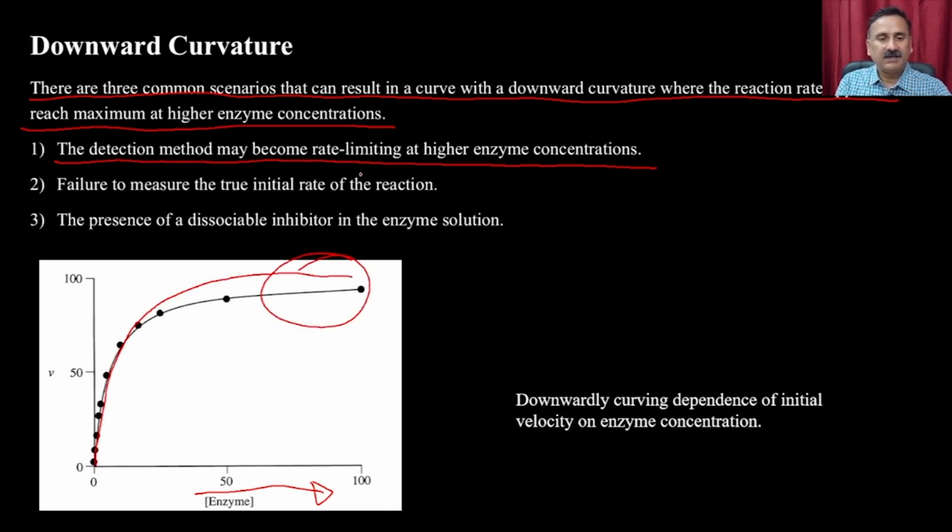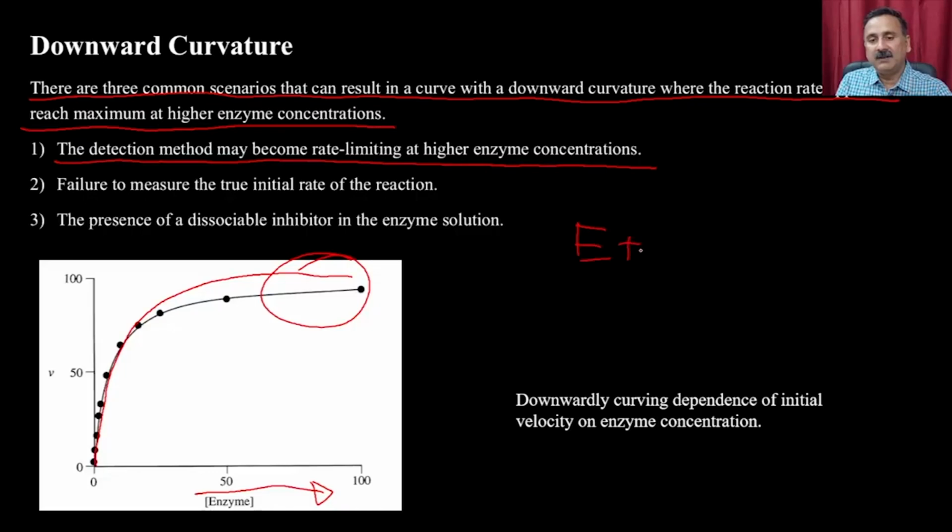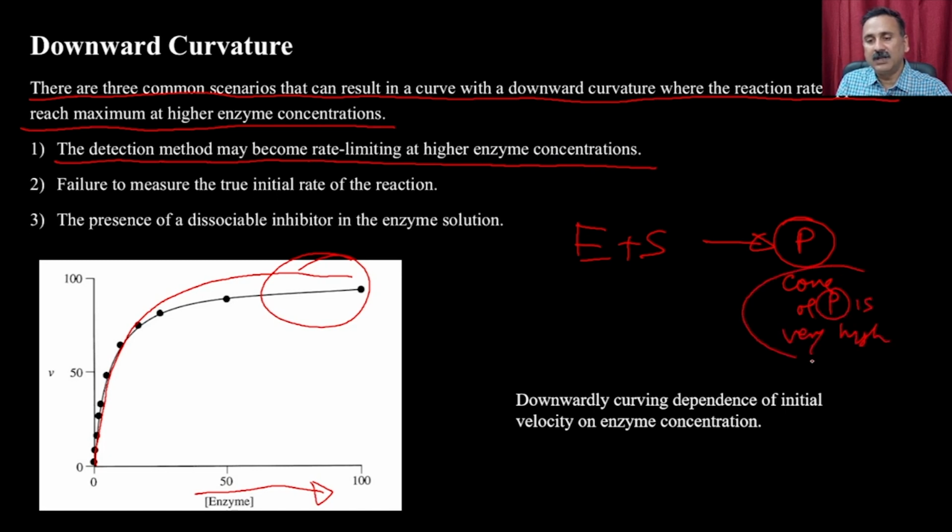One of the major reasons is that the detection system you are going to use for these kinds of assays may be rate limiting, which means it will not be able to measure the substrate or the product being formed. When the enzyme is reacting with substrate and forming product, the concentration of product is very high, and as a result it reaches a saturation level, and because of that it shows a downward curvature.